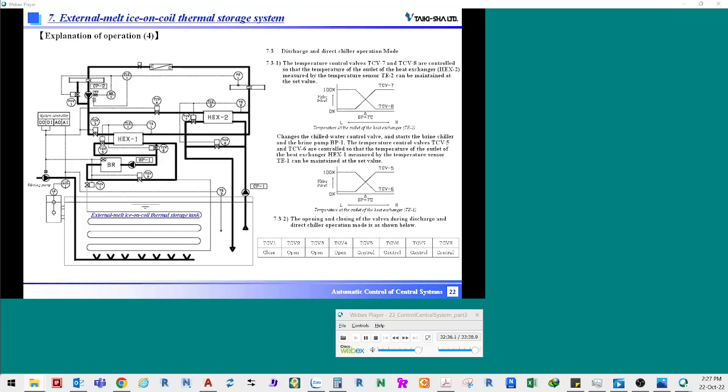The quantity of brine on the primary side is controlled by the temperature control valves TCV5 and TCV6 installed on the brine pipeline. In addition, during discharge and direct chiller operation mode, a pump sends air into the ice thermal storage tank. The ice around the tube pipe is uniformly melted. As a result, the efficiency of radiation is enhanced.